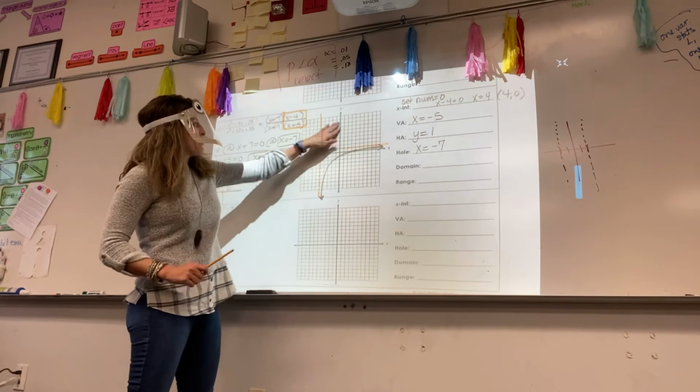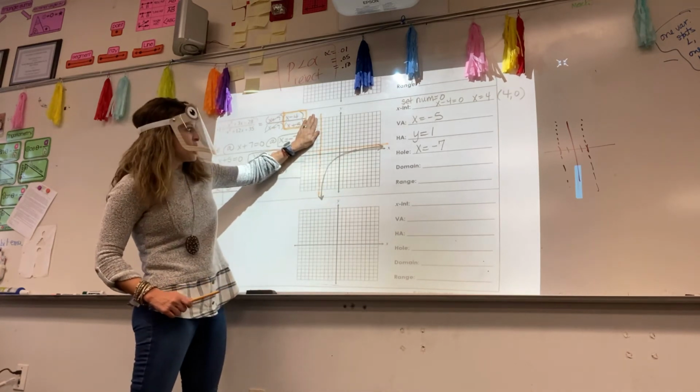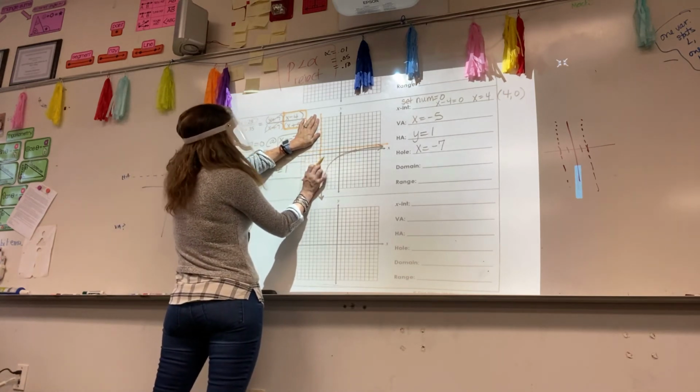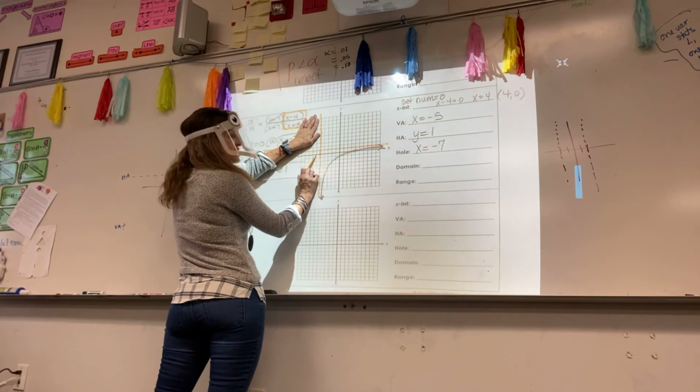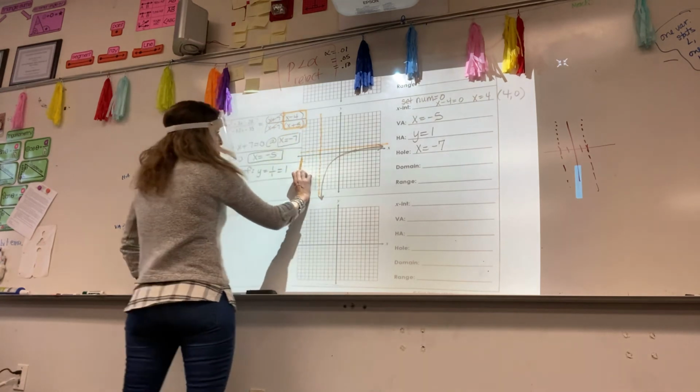If you look at my 4 corners, it's in the bottom right. So I know my other one's going to have to be in this upper left. So I need to pick one of these numbers over here. And I picked -6 in the last class, and it seemed to work out very well. So why don't we use -6? Okay, you could pick -6, -7, -8, -9, -10. 10 was a good number too, I think.